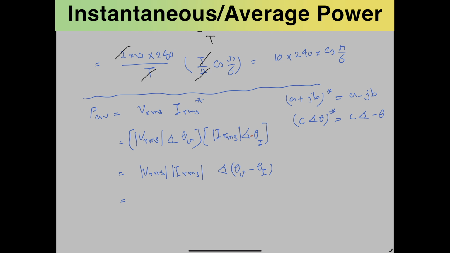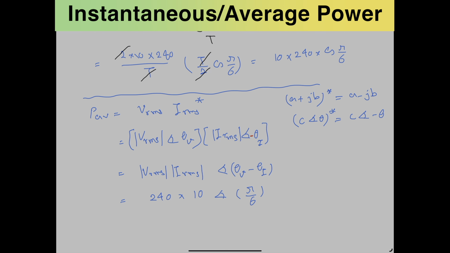Therefore, we remember that VRMS was 240 and IRMS was 10, and the angle difference was 30 degrees. Or in other words, the angle difference was pi over 6. We can write it both ways.